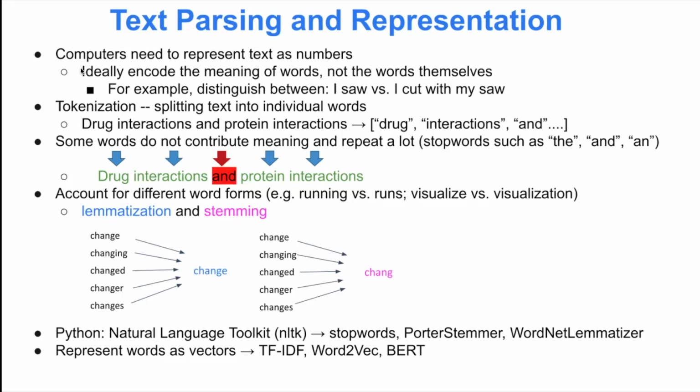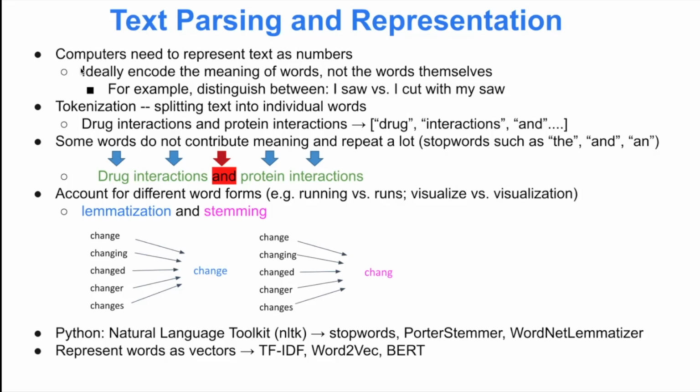One is lemmatization, where we take these five forms of the word change and represent them all as change. And then we also have stemming, a similar concept, but we represent these five forms of the word change as its stem, C-H-A-N-G.